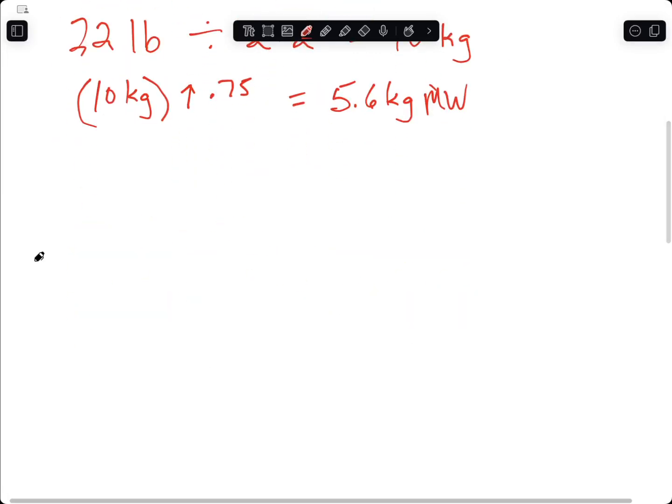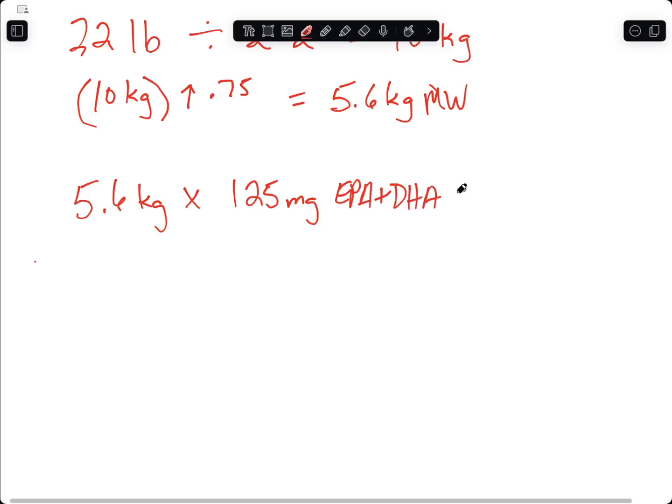So you take your 5.6 kilograms and you multiply that by your 125 milligrams of EPA and DHA, and that equals 700 milligrams of fish oil. All right. So that is the actual dosage.